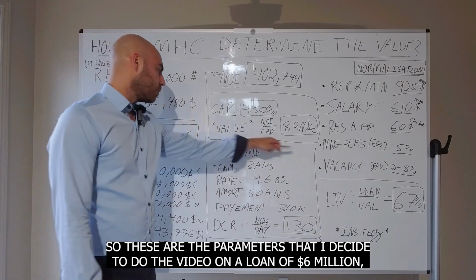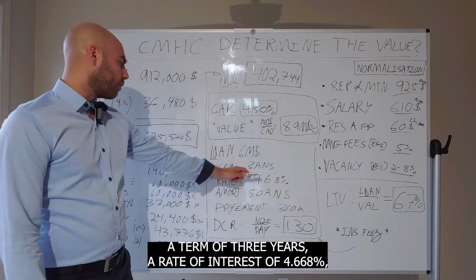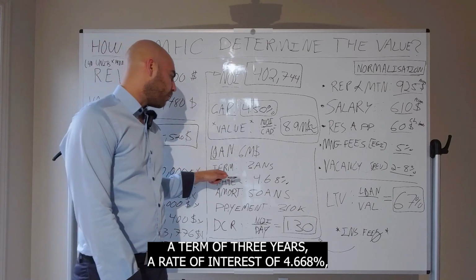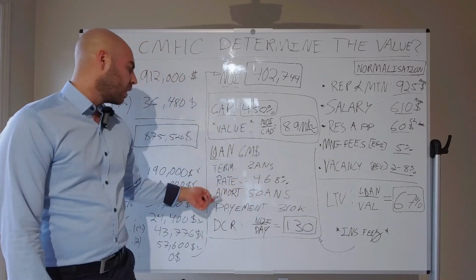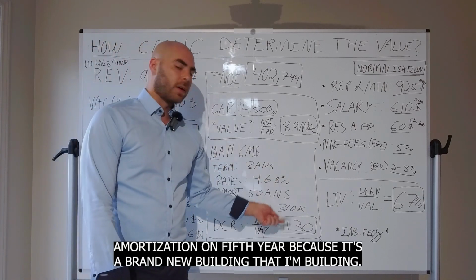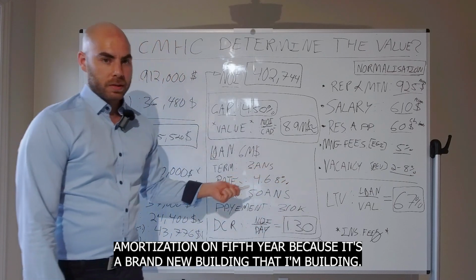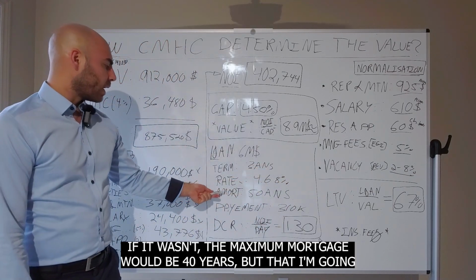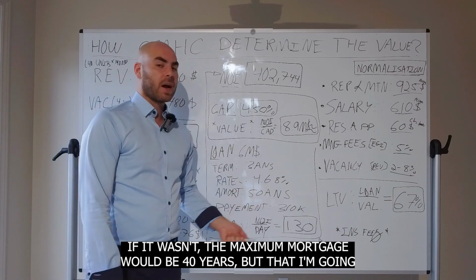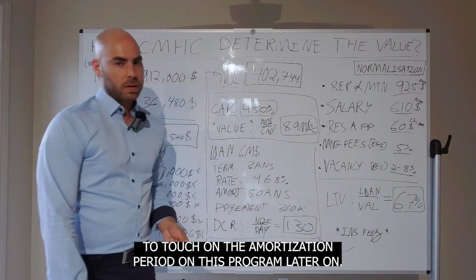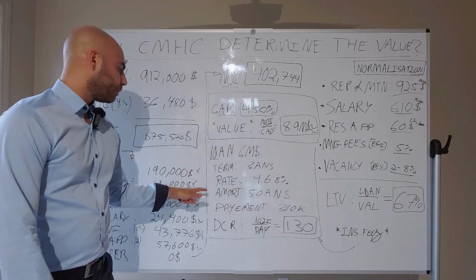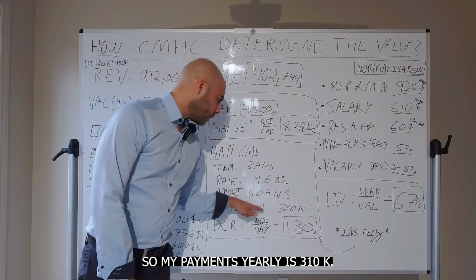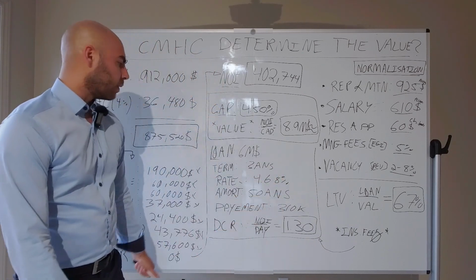A loan of $6 million, a term of 3 years, an interest rate of 4.68%, amortization of 50 years because it's a brand new building that I'm building. If it wasn't, the maximum amortization would be 40 years, but I'm gonna touch on the amortization period of this program later on. So my yearly payment is 310K, okay?